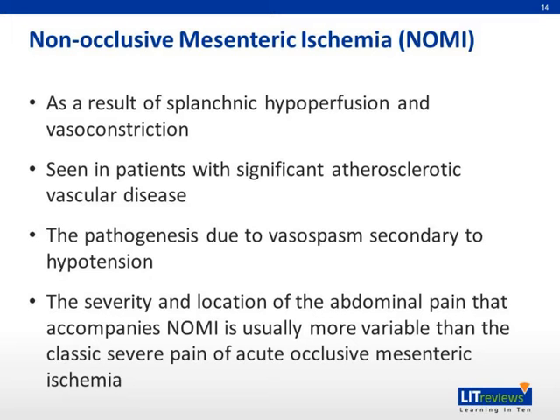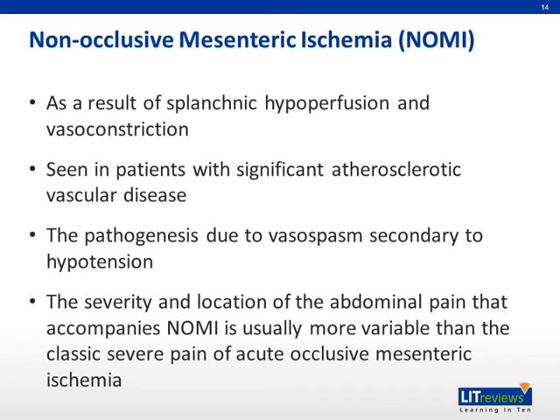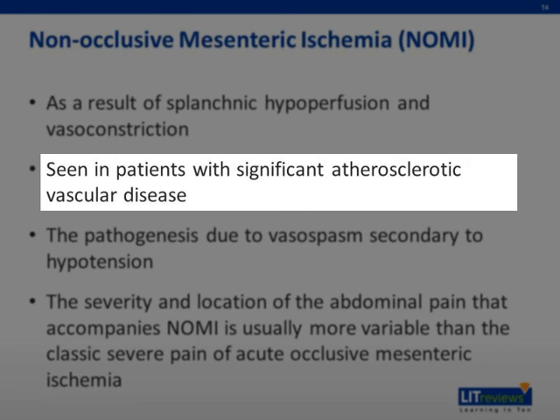Non-occlusive mesenteric ischemia. Non-occlusive mesenteric ischemia, or NOMI, is thought to occur as a result of splanchnic hypoperfusion and vasoconstriction. Similar to mesenteric arterial thrombosis, non-occlusive mesenteric ischemia tends to develop in patients with significant atherosclerotic and vascular disease.